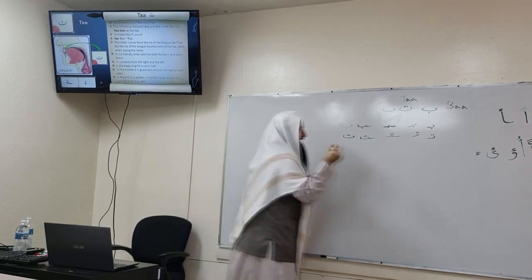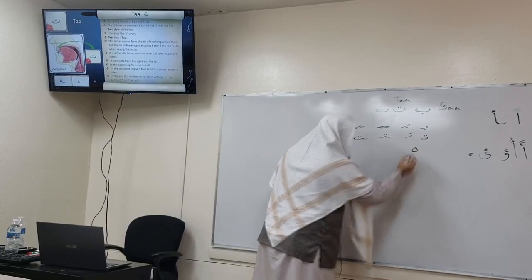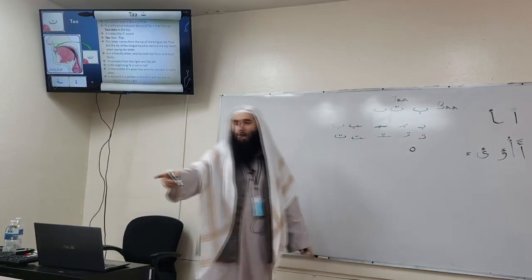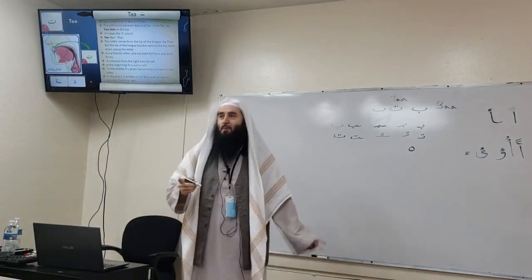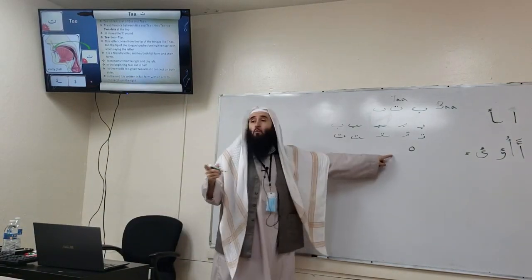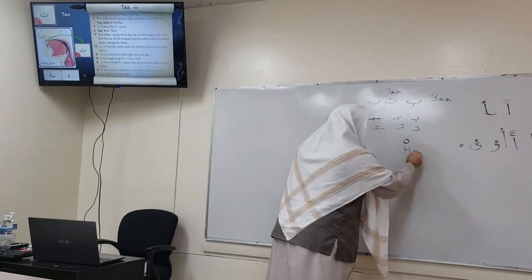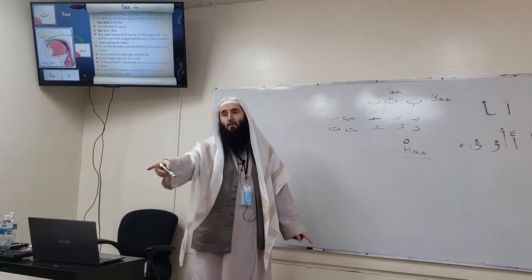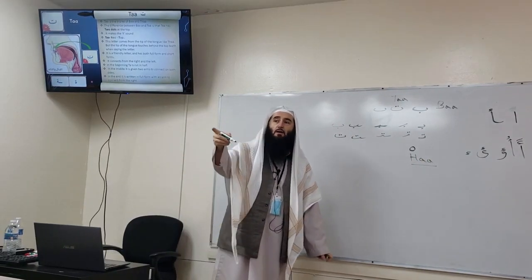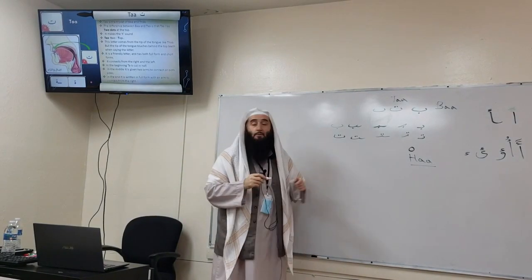You see this shape in the alphabet? What do we call this shape in the alphabet? Who can give it to me? Ha. You remember? Sister Aida, do you have it? Ha. Same thing.